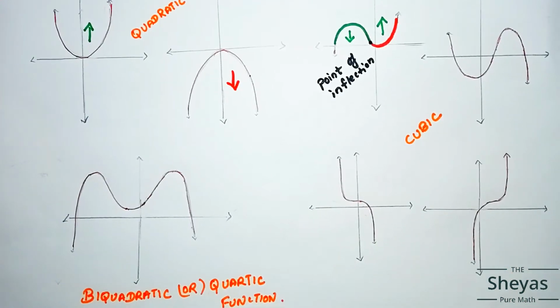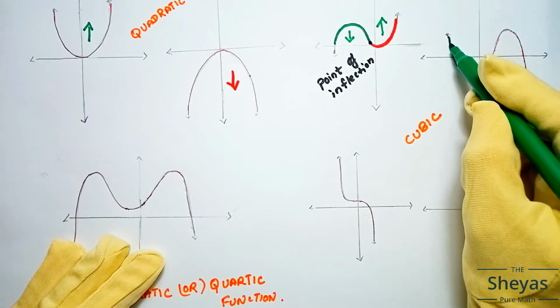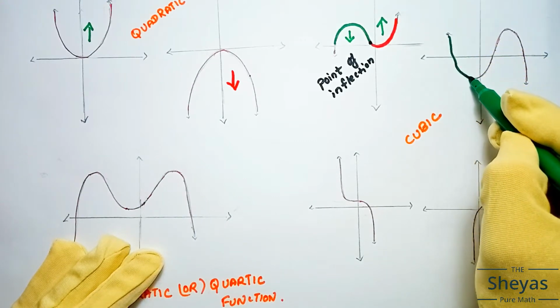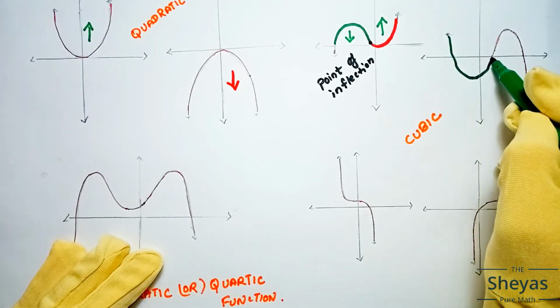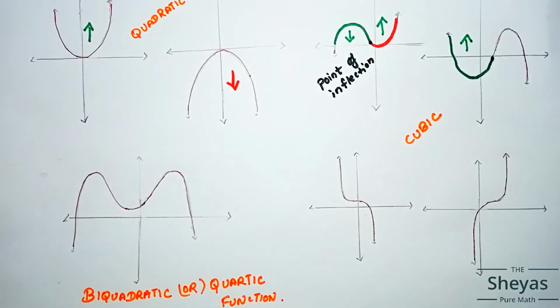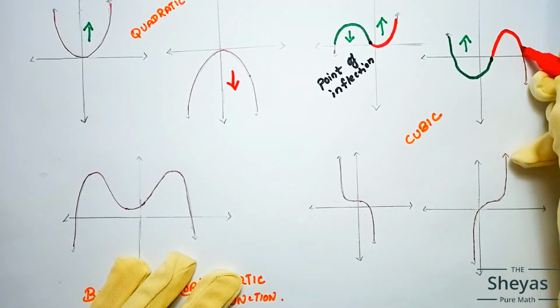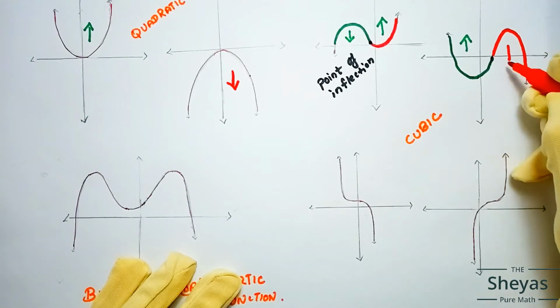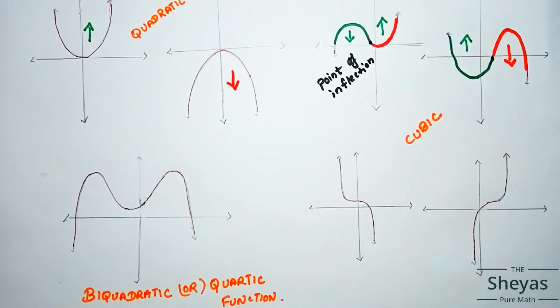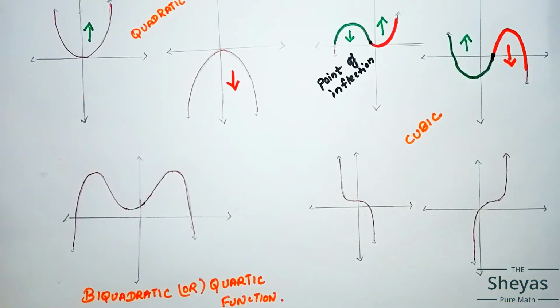Now see here, in this cubic graph, this side is concave upwards and this side is concave downwards. And so we call this point the point of inflection.